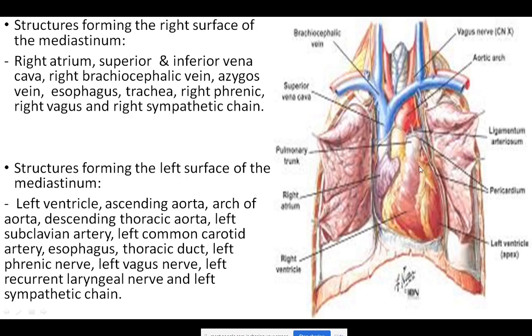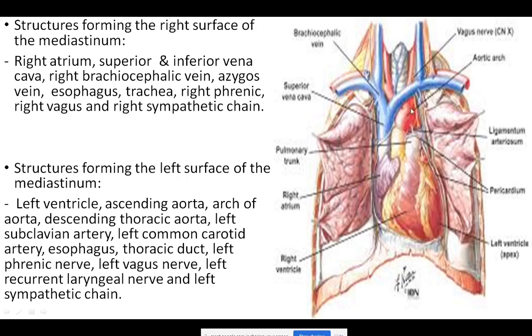And this left mediastinum is related with the medial surface of the left lung. Okay, the left ventricle, this one, then the ascending aorta, this one, it is related with the upper part of the lung, below the apex.